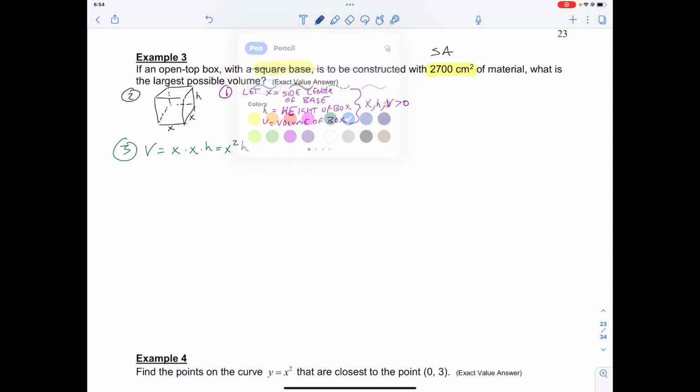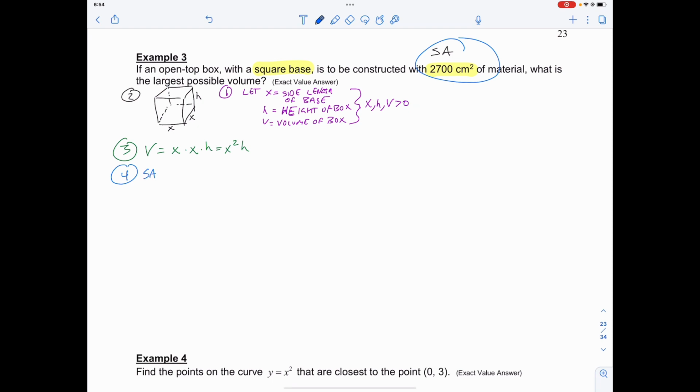When I get to step 4, I need to eliminate one of these variables. Well, this is where our surface area comes in. Our surface area is equal to the base of the box, x times x, and then the 4 sides of the box, because it's an open top, 4 times x times the height.